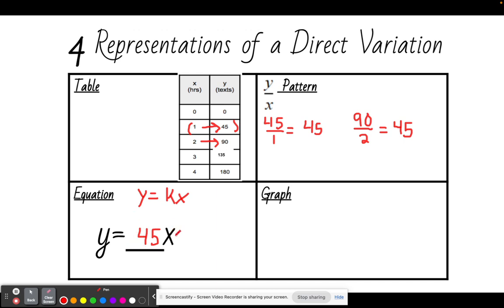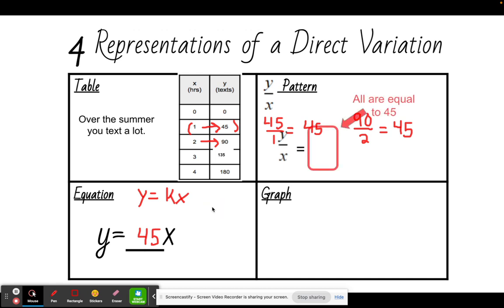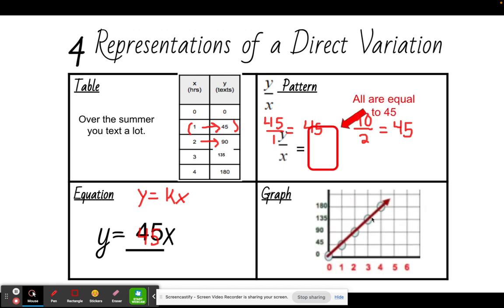This is my slope. I could do my change in y over change in x, which is 45 over 1. Now if I were to graph this, it would look like this.